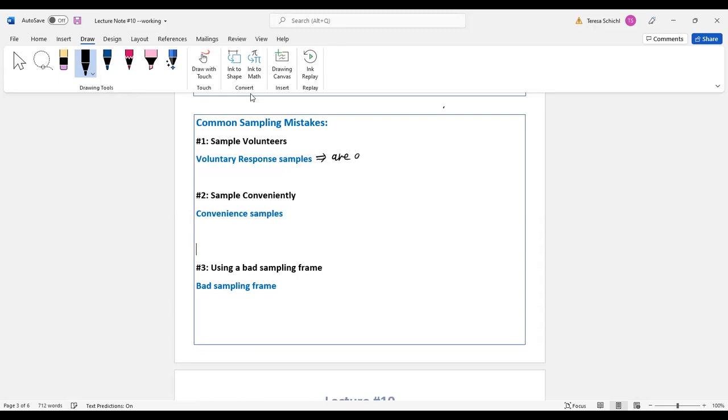This type of sample is almost always biased. Remember, bias is one of the big no-nos. So it should be avoided and distrusted.